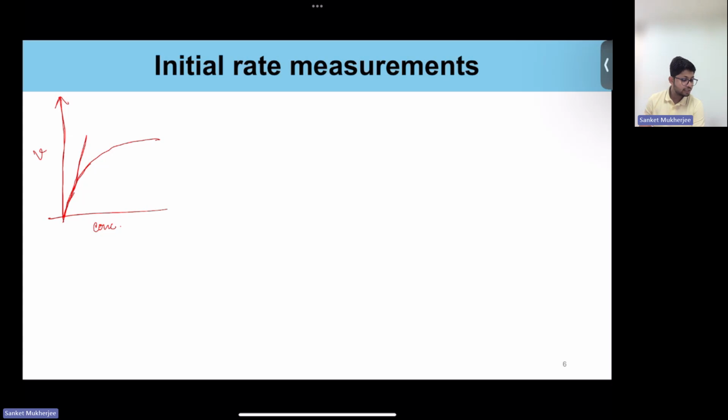So for initial rate measurement, we can take the derivative of the early progress curve, the derivative or the tangent. Both are the same thing.